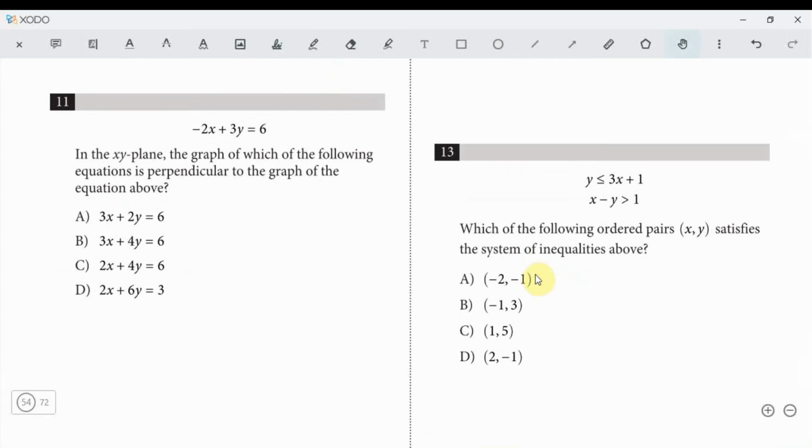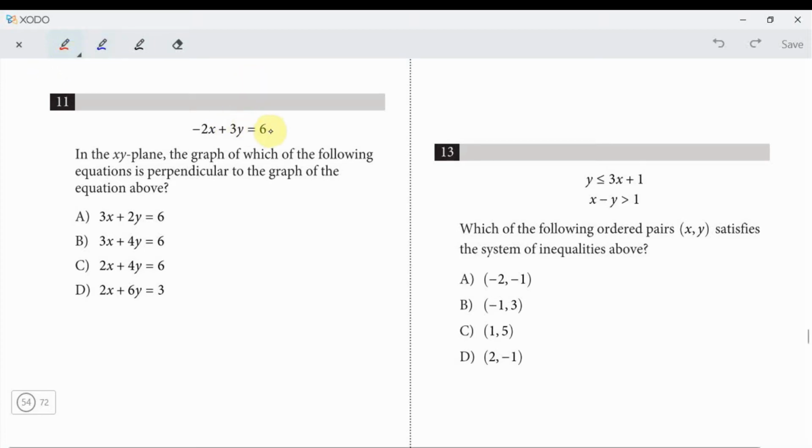Alright, question 11. It says, in the xy plane, the graph of which of the following equations is perpendicular to the graph of the equation above? The equation they give you is minus 2x plus 3y equals 6. Now remember from last term we said two lines are perpendicular if the product of their gradients is negative 1. So to find the gradient of this line, make y the subject.